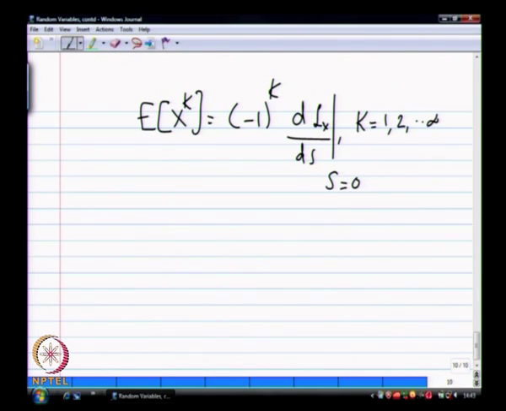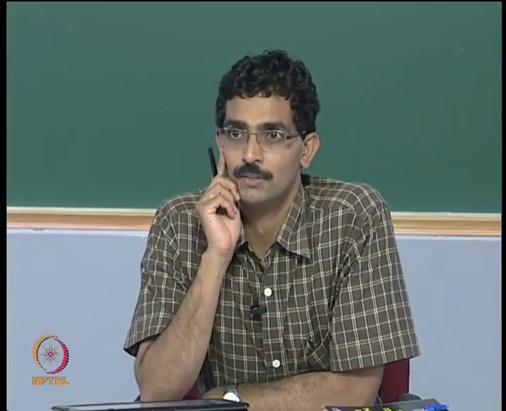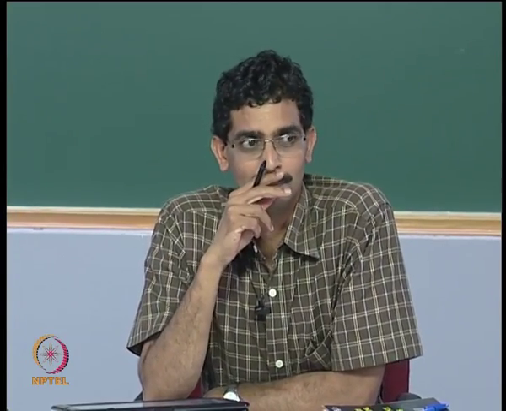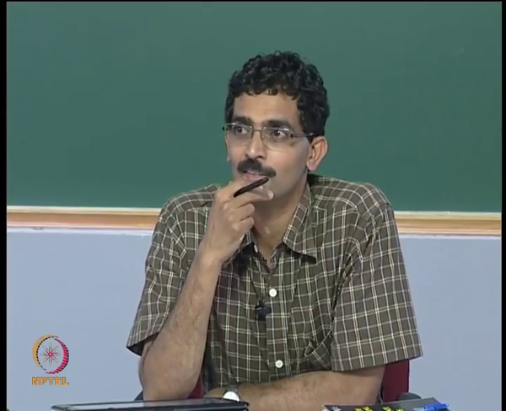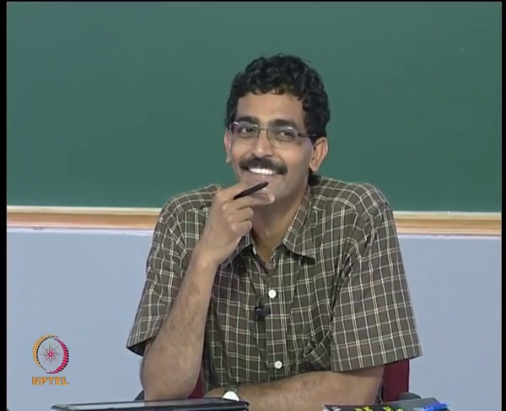So that is one way of computing the mean, the first moment. I could also have computed the mean another way by simply using the definition itself, which we will do in the tutorial. This is one way.